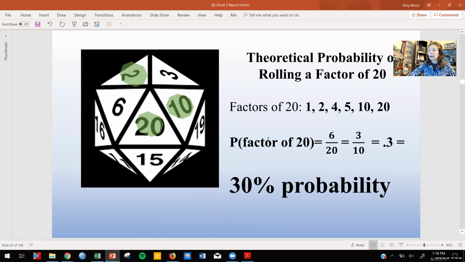So the probability of rolling a factor of 20 is 6 out of 20. And then we reduce that fraction to 3/10, which can convert to the decimal value of 0.3 and gives us a probability of 30%. Now, when you guys do your Excel report, you are going to be reporting your probabilities as an original fraction, a reduced fraction, a decimal, and a percentage.